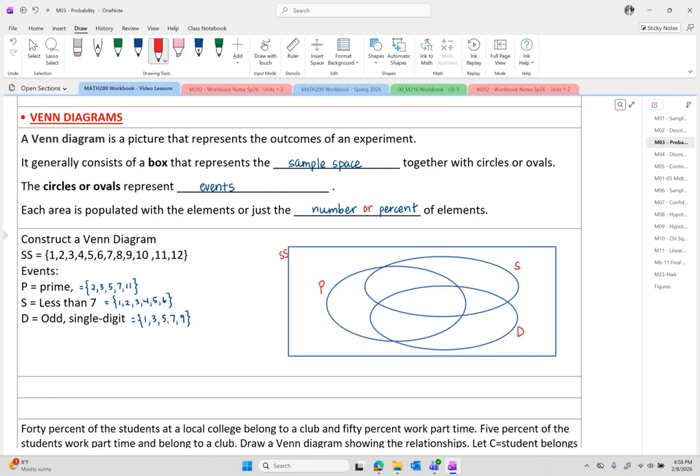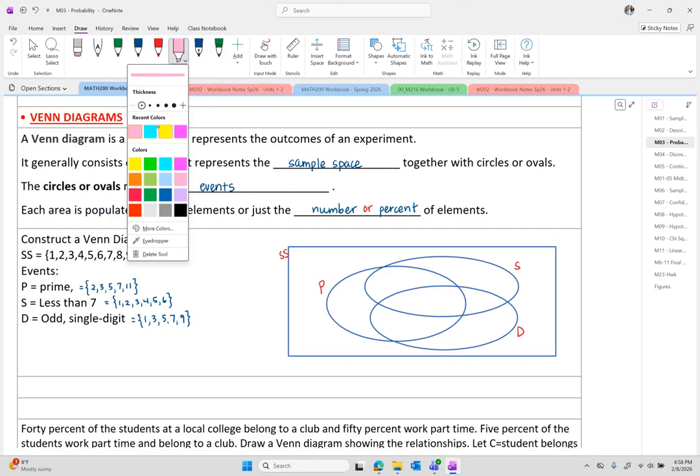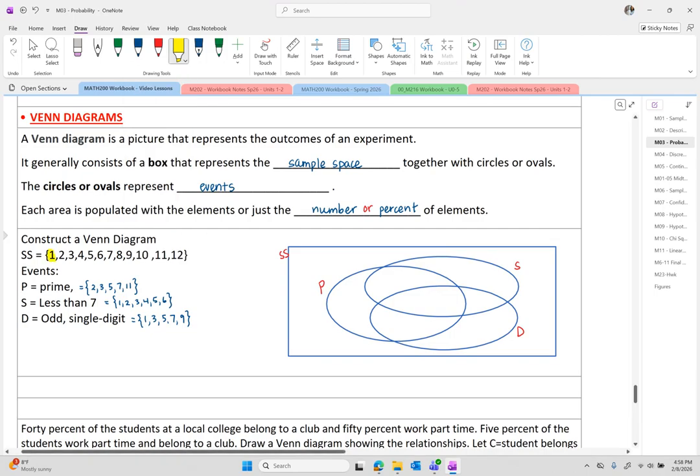So we want to start placing the numbers wherever they belong. And we will start with the number 1. The number 1 is in the event S and also in the event D. So it's less than 7, it is odd single digit, but it is not a prime number.